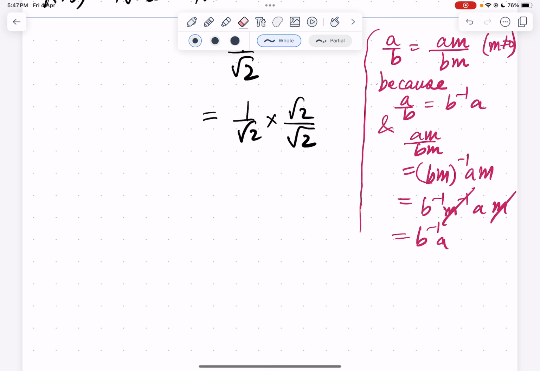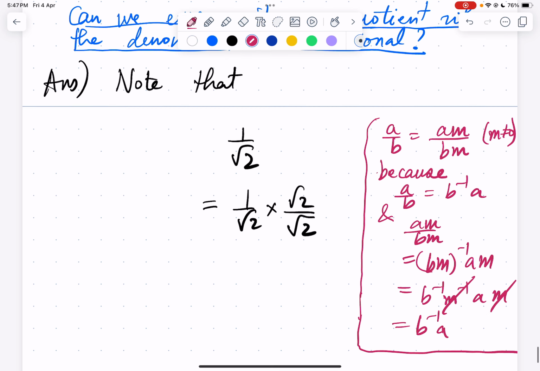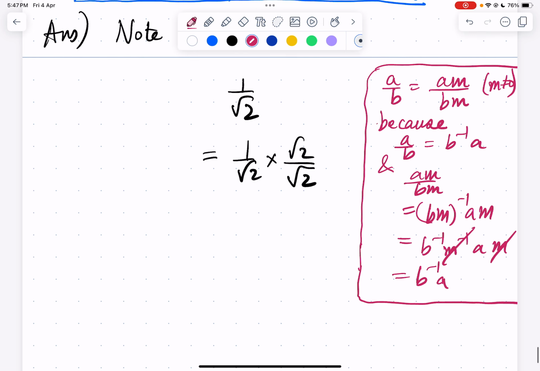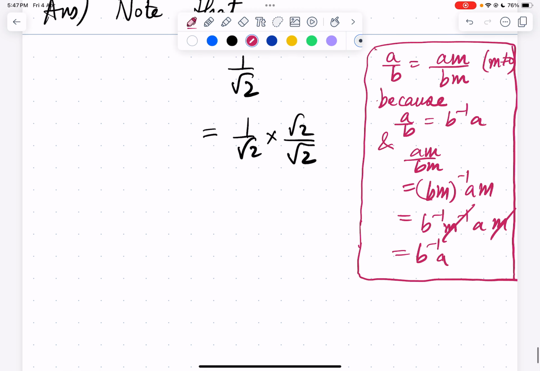We can always, like we dealt with rational numbers, deal with ratios of real numbers like this. So what we can do with 1 by root 2: consider this as a quotient a by b where a and b are real.